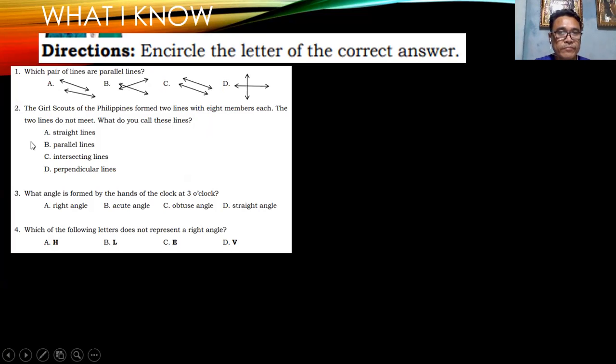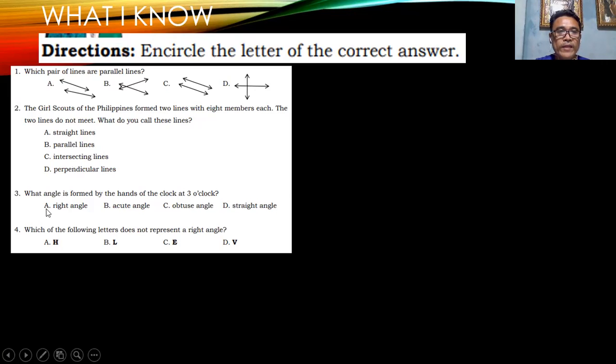Number 2. The Girl Scouts of the Philippines form 2 lines with 8 members each. The 2 lines do not meet. What do you call these lines? A, straight lines, B, parallel lines, C, intersecting lines, D, perpendicular lines.